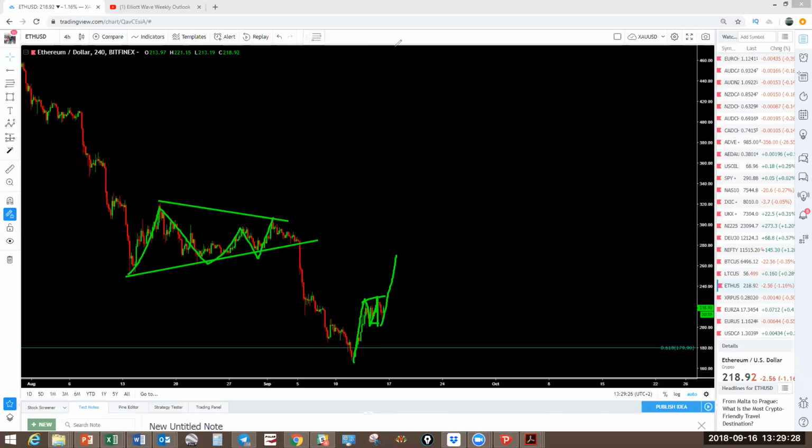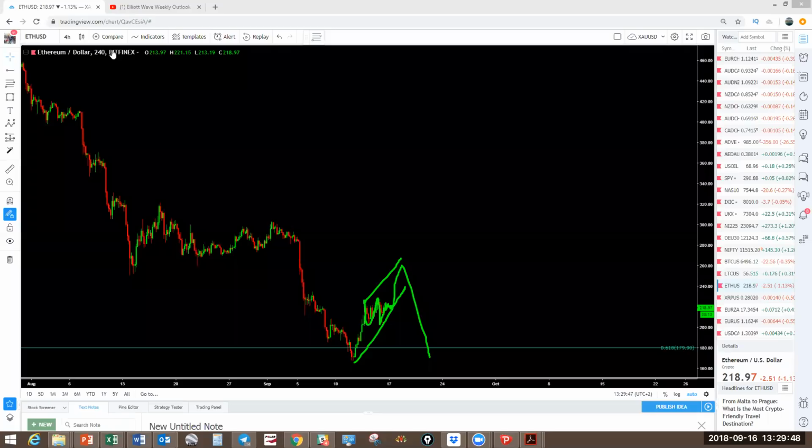Actually, not a triangle, doesn't look like a triangle. Not a good one. Okay, but here you've got an expanding flat, and now it's going like this, a correction here, push up before we come down. Okay, no indication for reversal as yet. So this could be a corrective structure and for further downside.